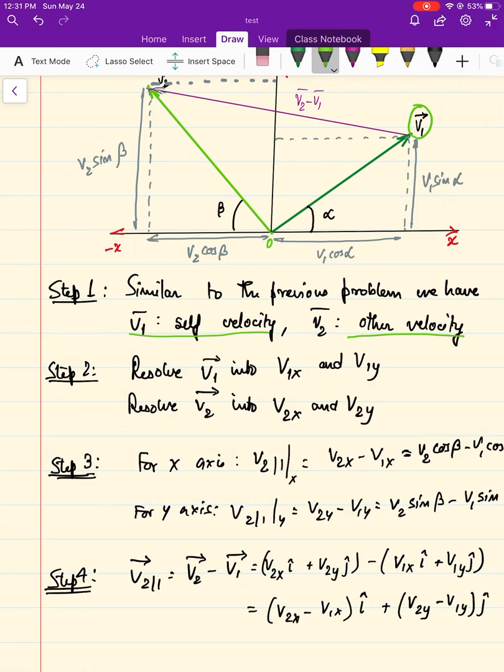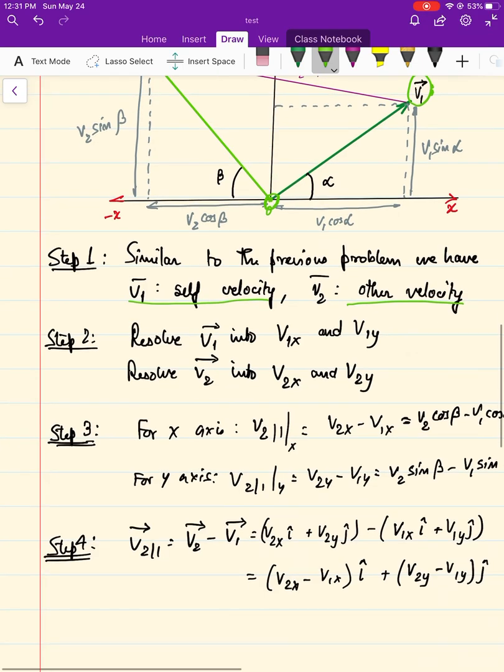So if this original vector v1 was not originally placed at O, which I am marking over here, you could have easily translated the vector so that the tip of the vector is at O, and that would still not have made any change to the overall analysis of the problem, right?